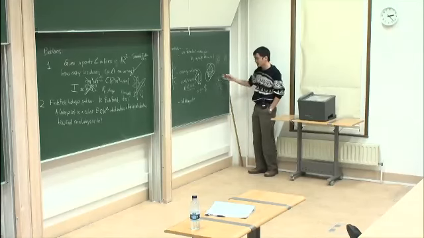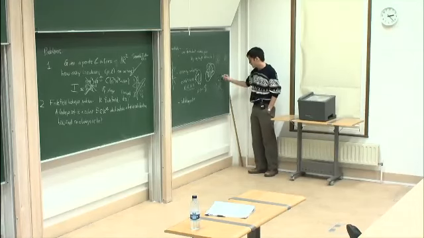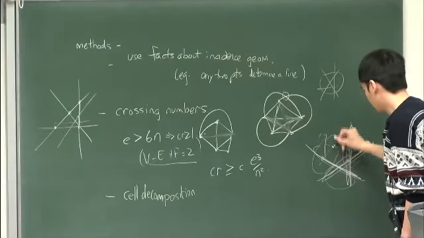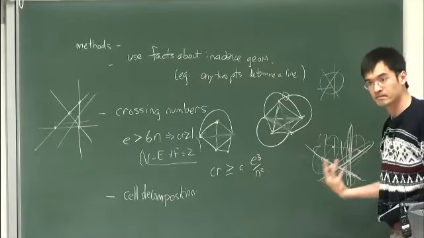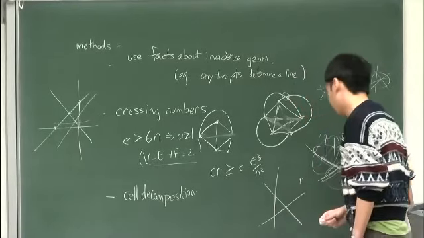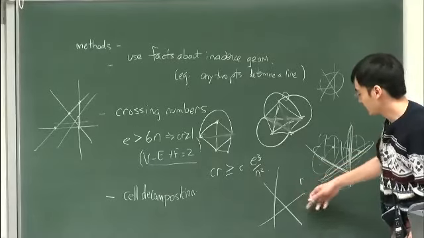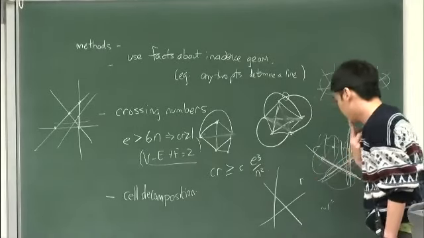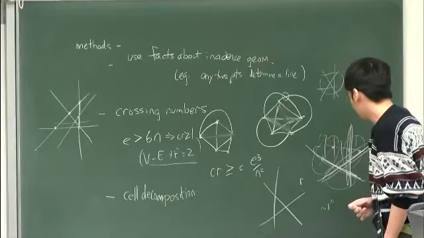Now, how can you make these cells? One way to do it is to take some of the lines in your configuration, pick them at random, say, and just use them like slicing a cake, to slice your plane into polygonal regions. So if you pick R lines generically, you will slice the plane into about R squared regions. It's a classic high school problem: how many regions do you get in general?